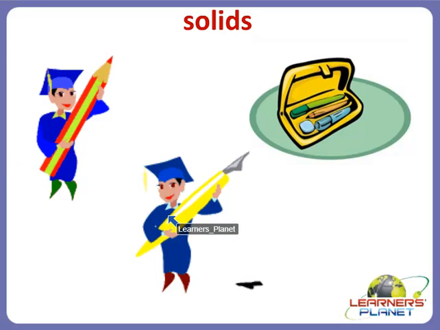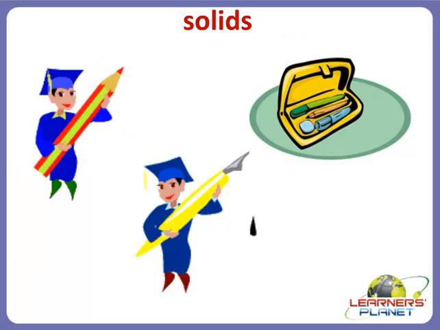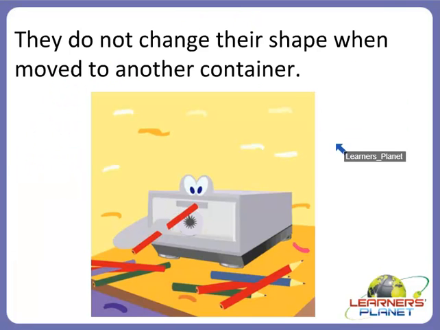So such objects are called solids. So children, did you get it now? This is a picture of a sharpener. A sharpener cannot change its shape and it can be moved from one place to another. So children, such objects are solids.